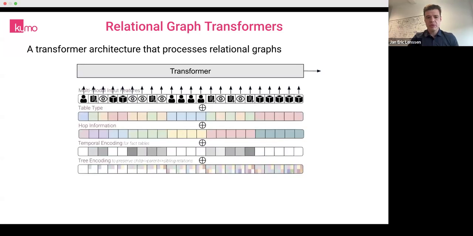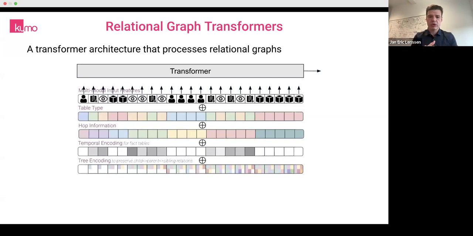They do this by providing additional information to the transformer together with the graph nodes. For example, for each node, it also encodes the table type where this node is coming from, the graph structure underlying these nodes, and also, for example, temporal encodings if these graph nodes have a time component.